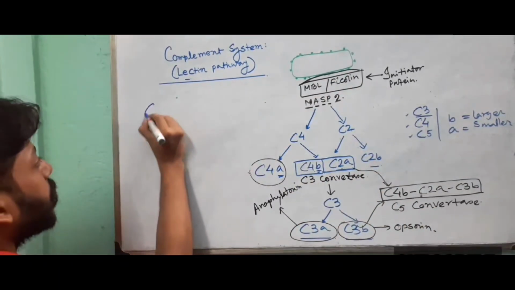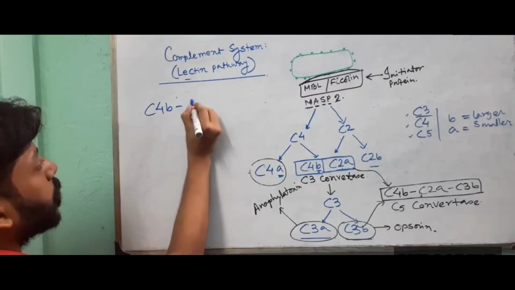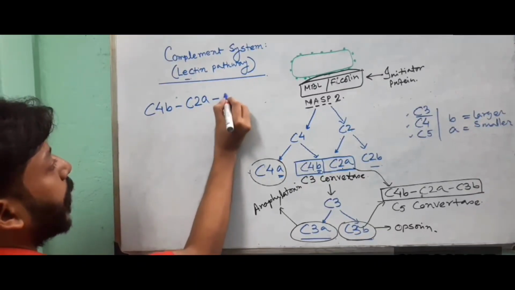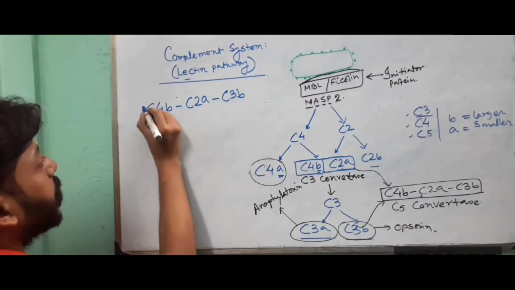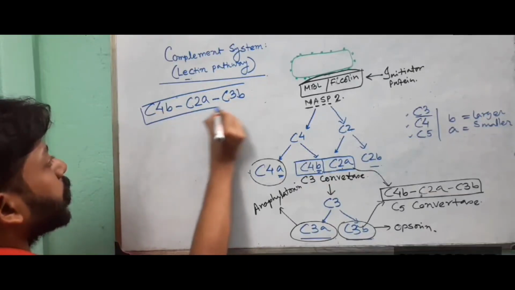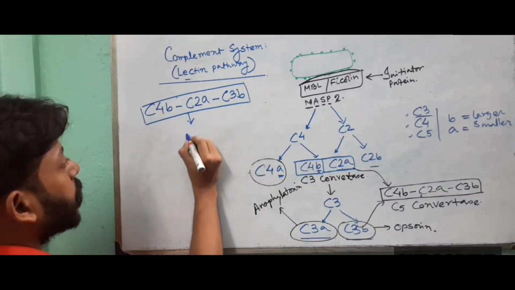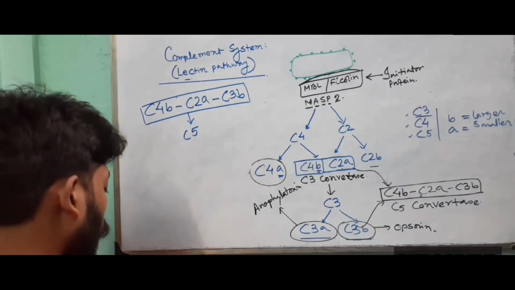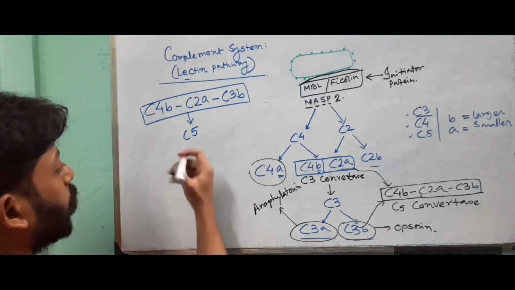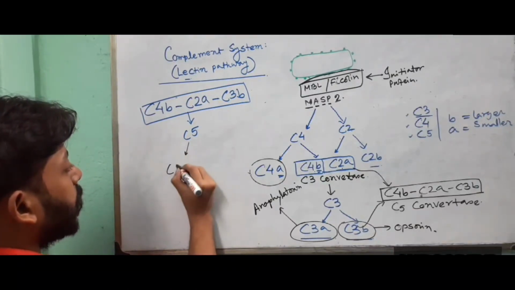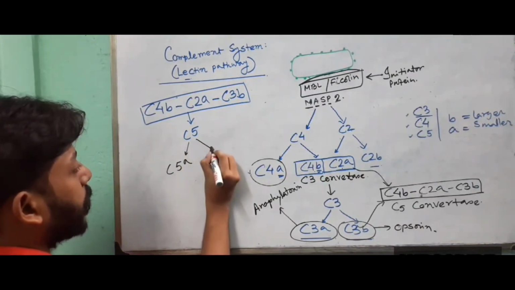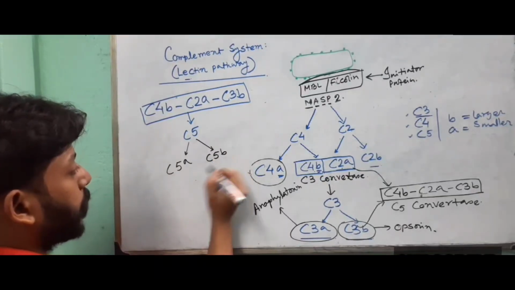Now C4b, C2a and C3b, the C5 convertase, cleaves C5 into two fragments. One is C5a and the other is C5b.